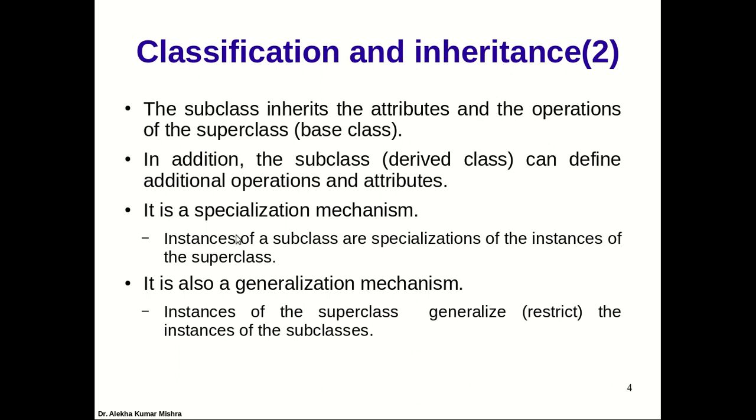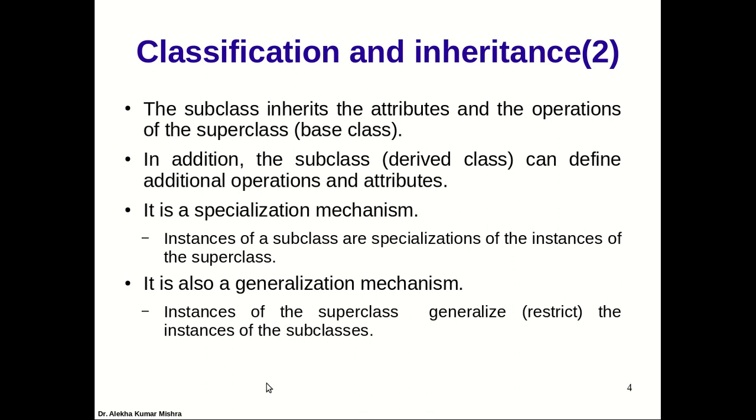So it is a specialization mechanism. That is, an instance of a subclass is a specialization of an instance of the superclass. People is a generic class, so man is a specialization, a special case, a special class. That's how we say inheritance is a specialization mechanism. It is also a generalization mechanism: instances of the superclass generalize the instances of the subclass.